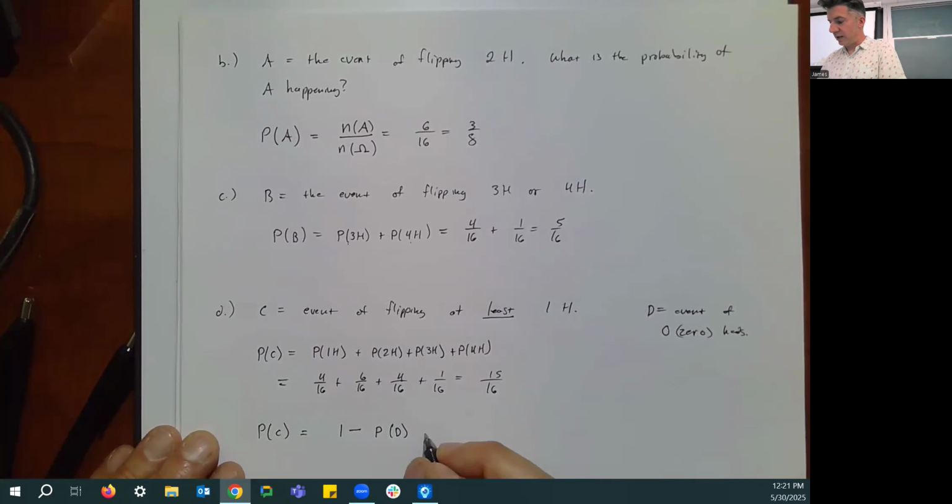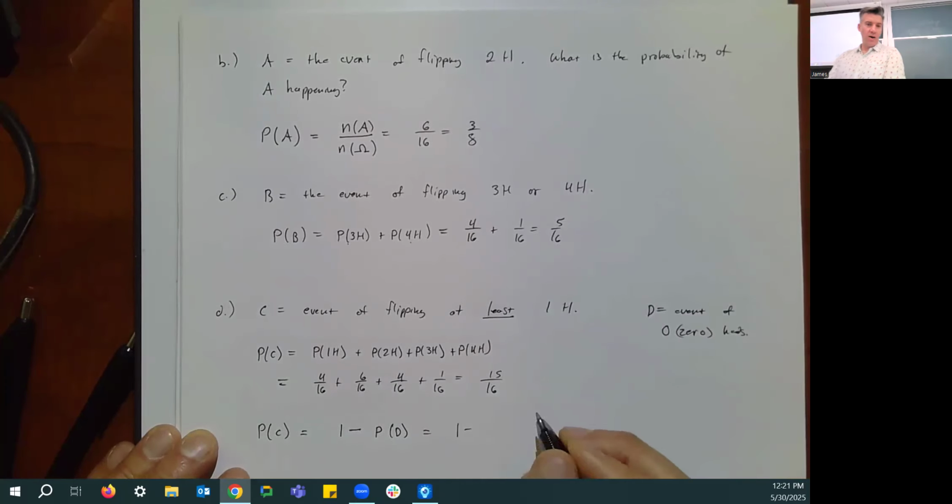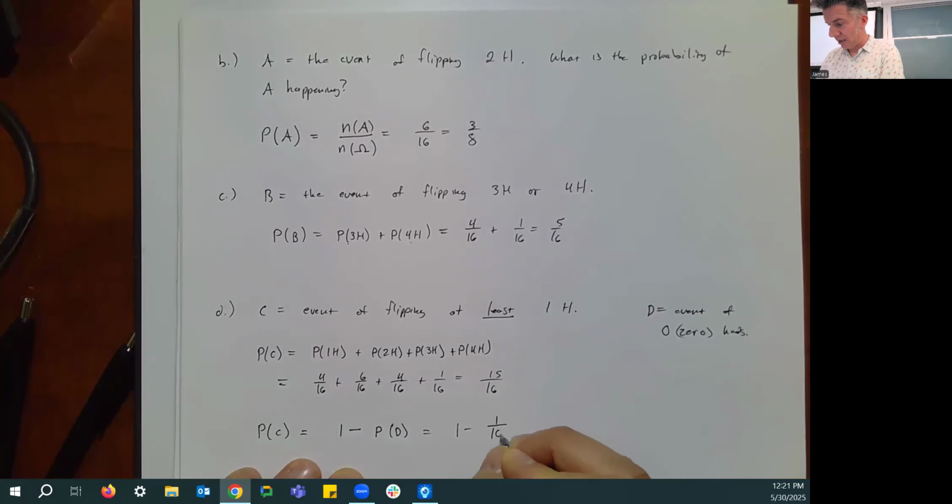Well, the probability of getting zero heads is, well, let's see, there's only one way of getting zero heads, all tails. So that's 1 out of 16. And 1 minus 1 over 16 is 15 over 16.